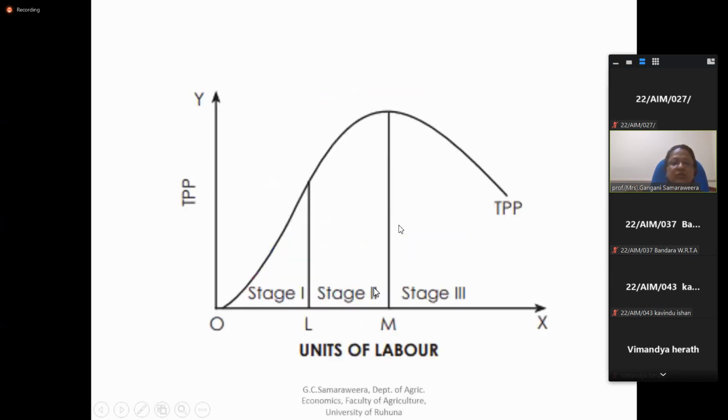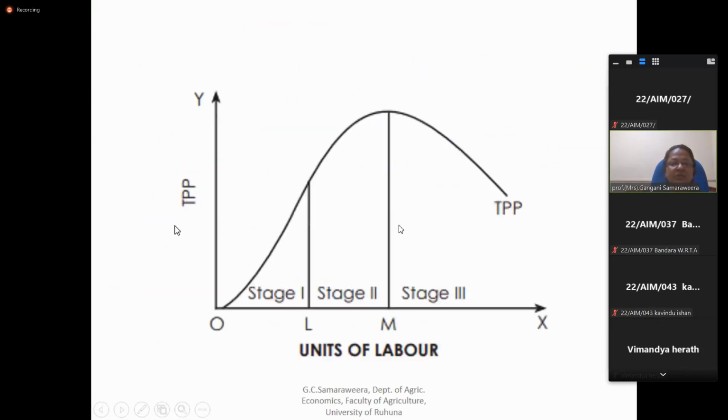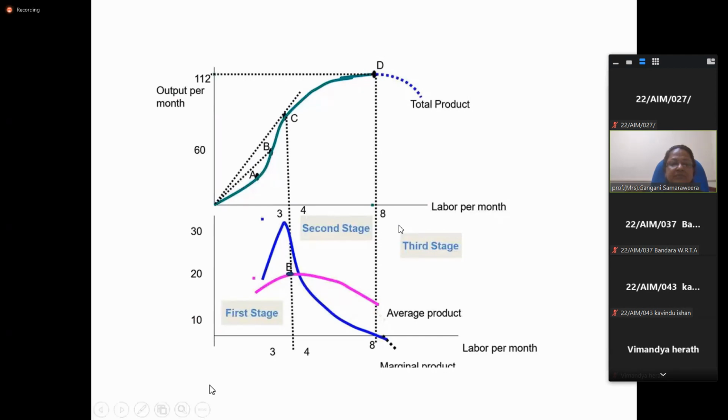Okay. So then marginal product is lower than the average product. See, you can see here. Marginal product is lower, average product is more than in the second stage. Why is it? Because total product is gradually increasing.